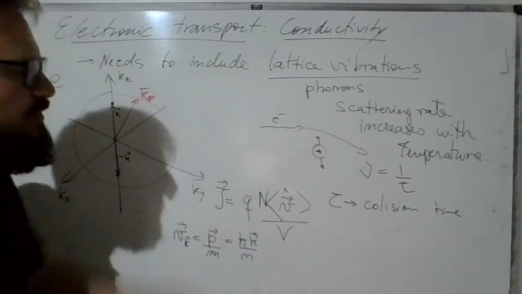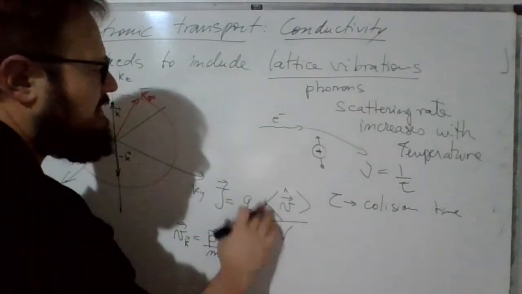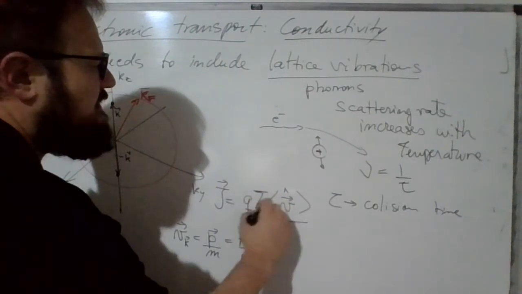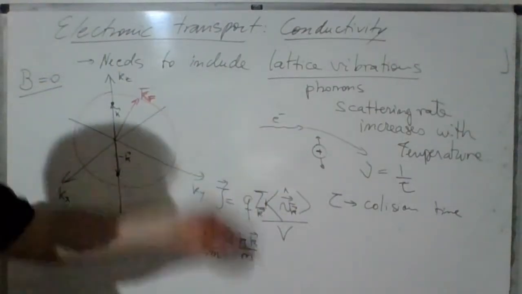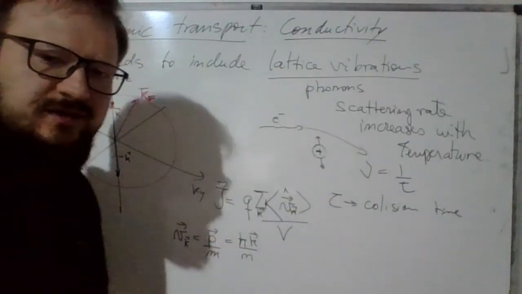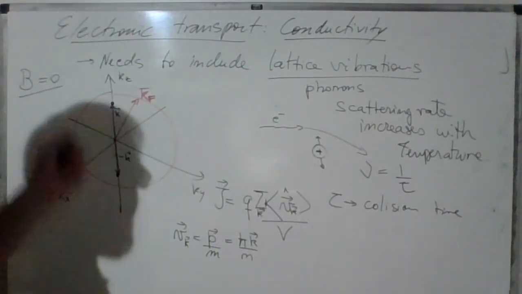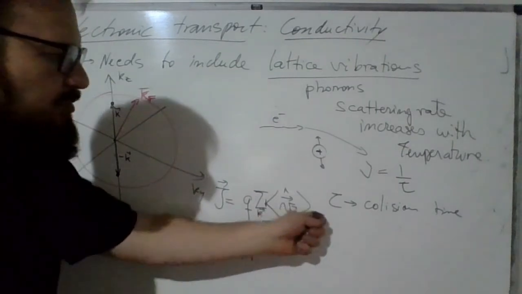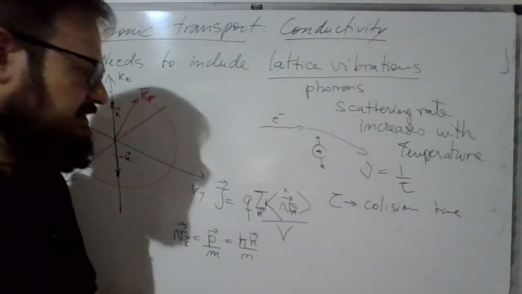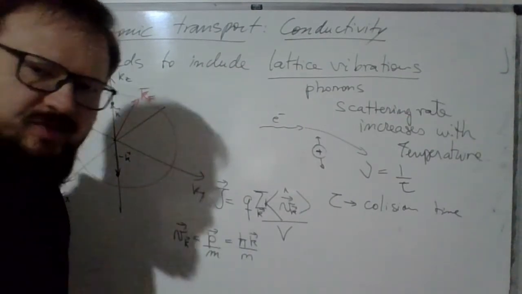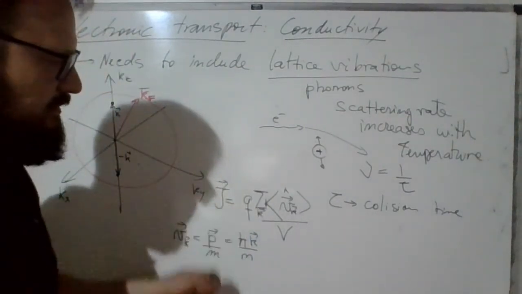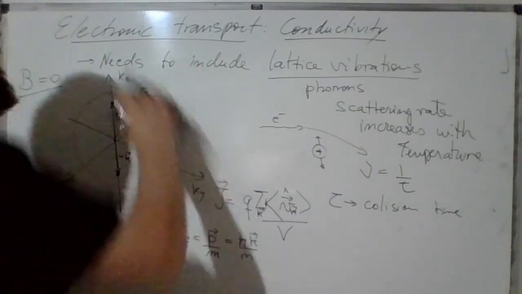So we need to sum over all the k's, we need to sum all the velocities. If we sum all the k's in this problem, we are summing all the electrons here, and this will produce the velocity on the average, the average of the velocity operator, which is related to the electric current here.